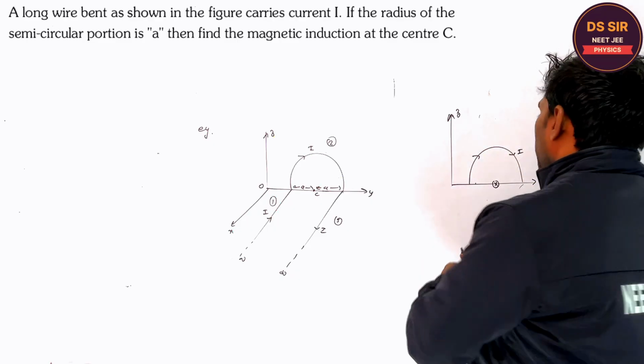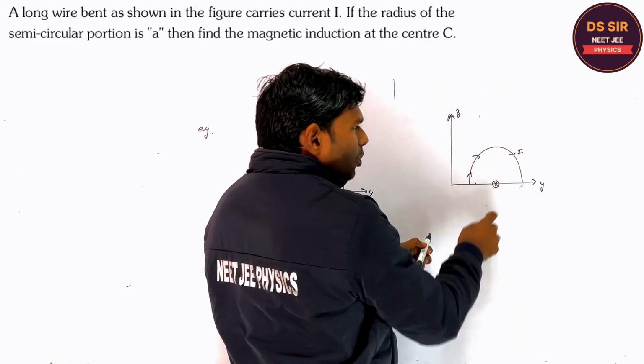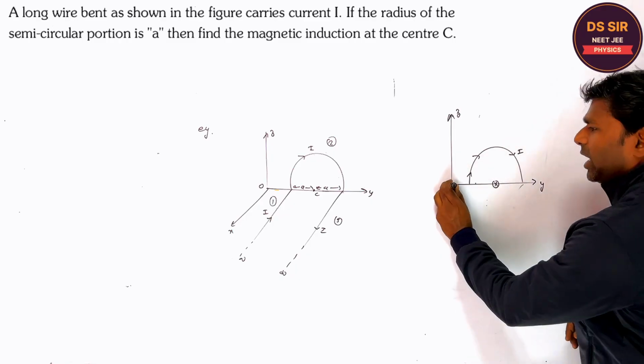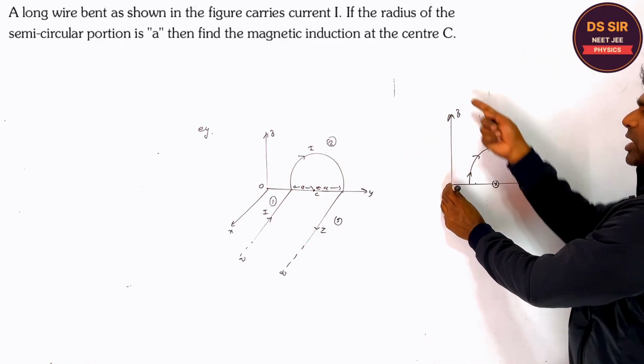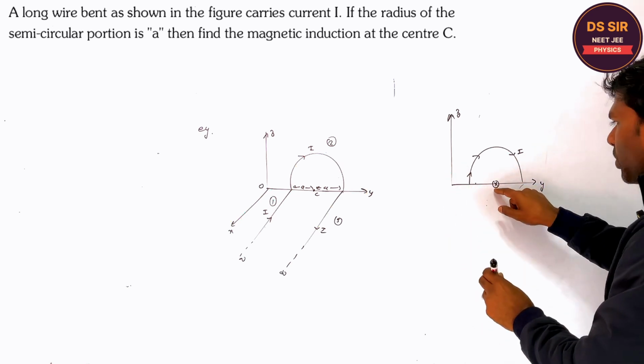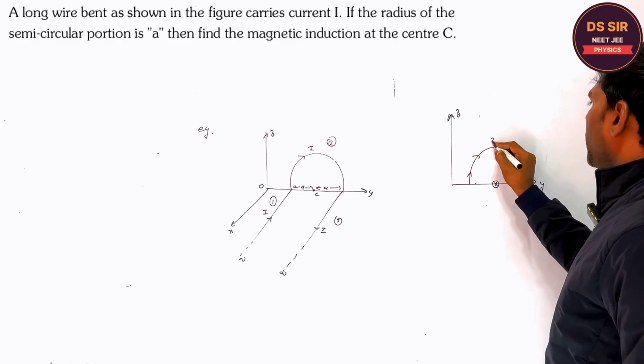So the magnetic field due to this semicircular loop will be into the board or not? This is X, Y and Z. So because of this, the magnetic field will be into the board. This is the second part.